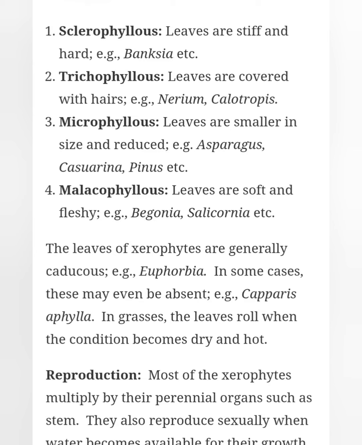I forgot to mention that the leaves are generally caducous, meaning they are greatly reduced and fall prematurely, for example in Euphorbia. And in some cases they may even be absent, such as in Capparis aphylla.